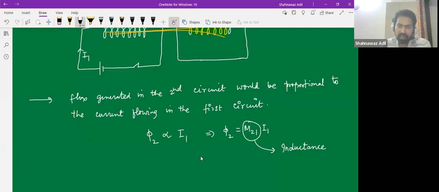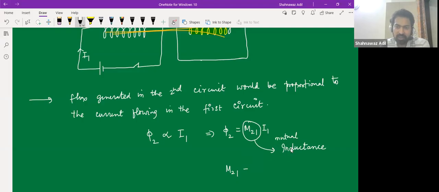Is this part clear, everyone? Yes, sir. So this M21 is the unit of this inductance. In this case, this is a mutual inductance.